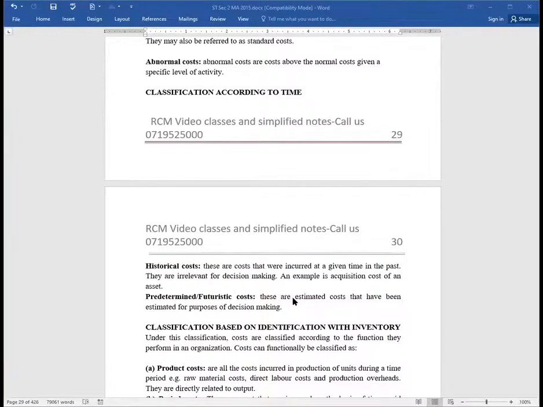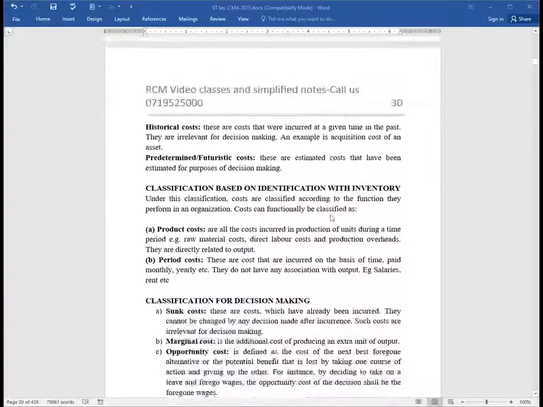And then now we have classification based on identification with inventory. Under identification with inventory, we have got two classes. We have the product costs and the period costs.